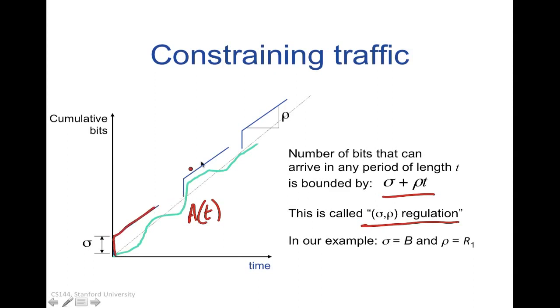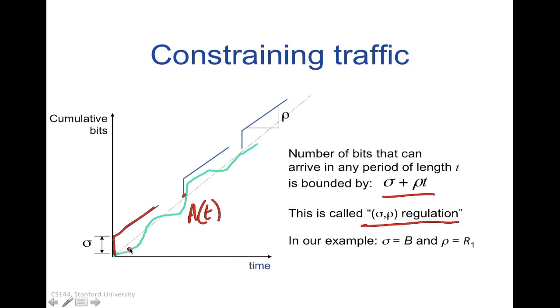And we could start it at any point, and you can see that it's basically saying that if we touch it down on any point of A of t, the future must lie below that line. So wherever we start, wherever we slide this, A of t must always lie underneath it. If that is true, then this equation holds, and we say that A of t is sigma rho regulated.